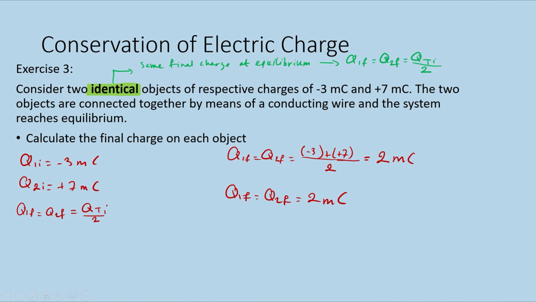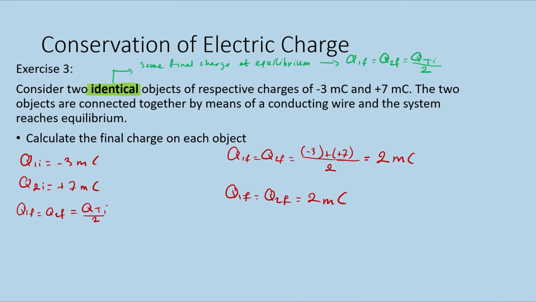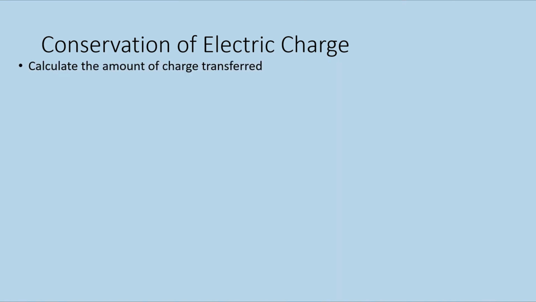So again, whenever the objects are identical, it means that their final charges are equal, and the final charge of each is equal to half of the total initial or half of the total final charge of the whole system. Calculate the amount of charge transferred. So Q transferred is equal to Q1 final minus Q1 initial, or Q2 final minus Q2 initial.